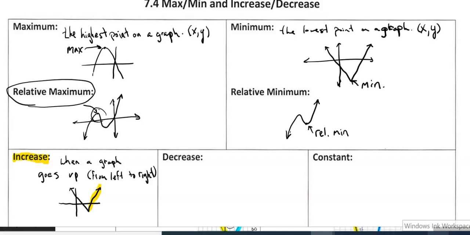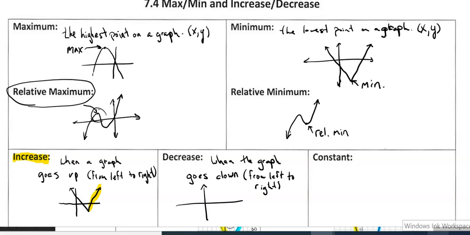Decrease. A decrease is when the graph goes down, and again, that's as it goes down from left to right. Let's try to use the same example here, the same absolute value function.